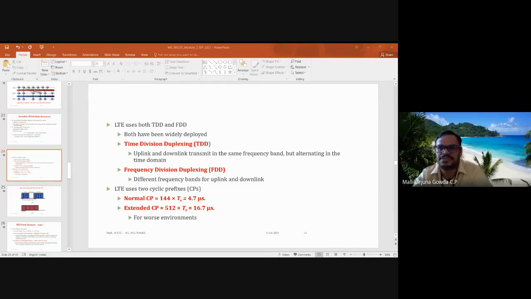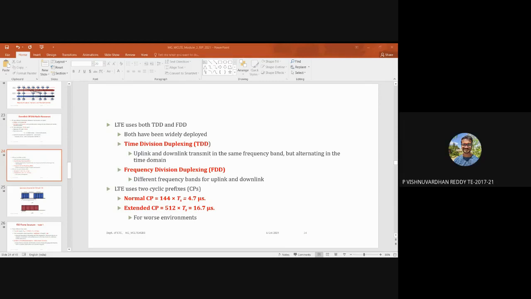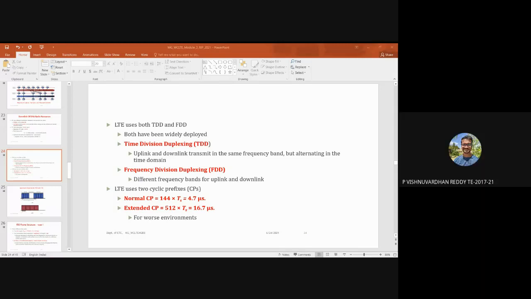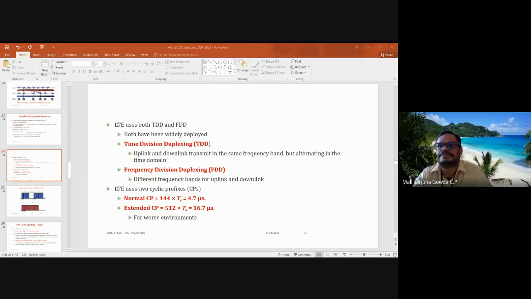Why this fellow is not here? Yes, Vishnuvardhan Reddy. And unmute also.